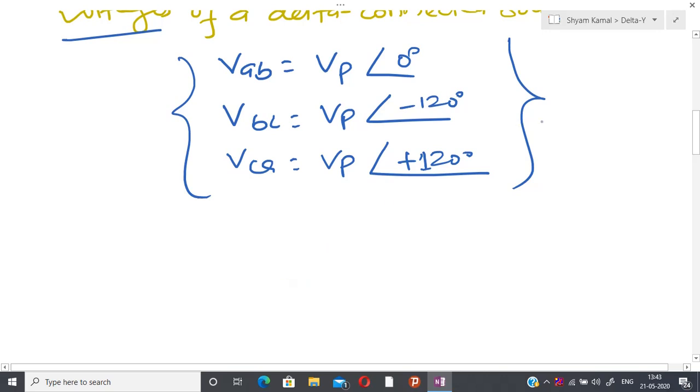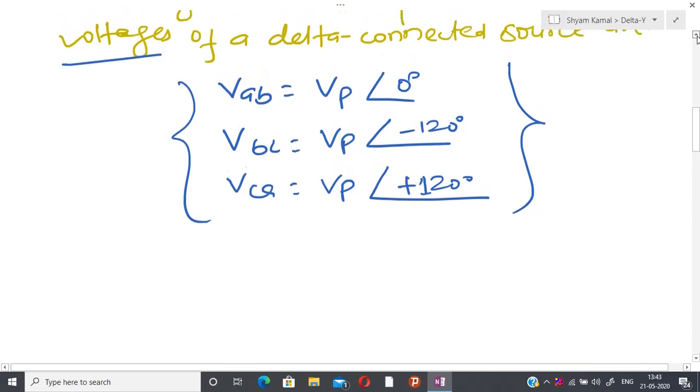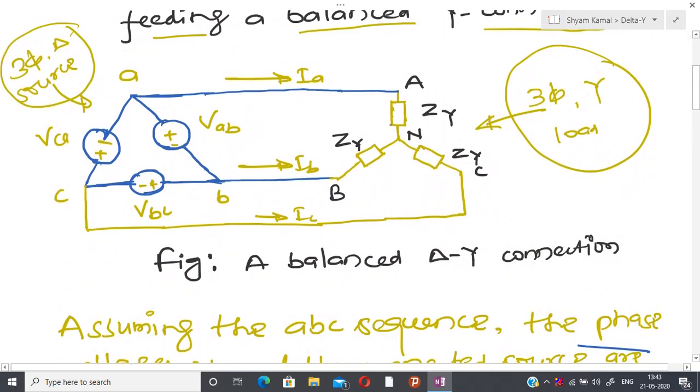And from the topology, it is clear that these are the line voltages, meaning voltage between these two lines, as well as the phase voltages. So let us write this.